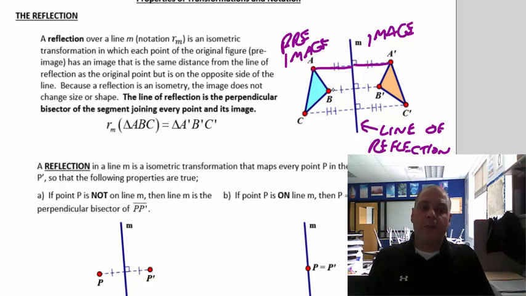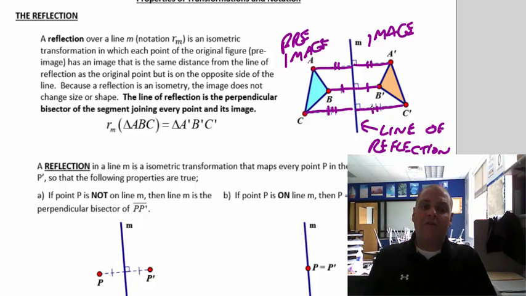Notice how the distance from B to the line is the same as B prime to the line. They marked the congruences there. They're just showing you how it's the same distance away. C to the line is the same as C prime to the line. That's very important to understand.